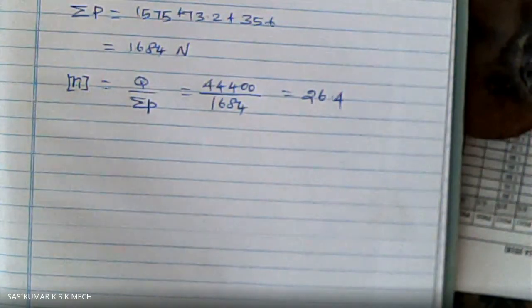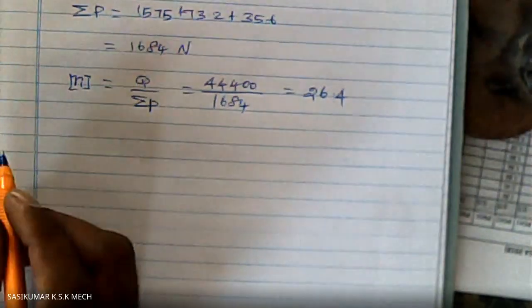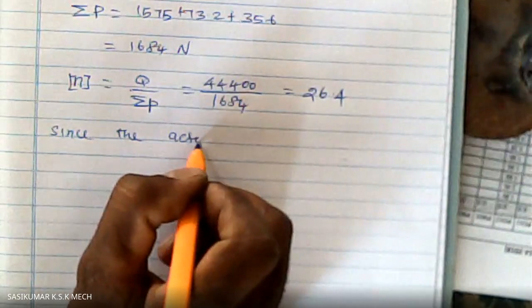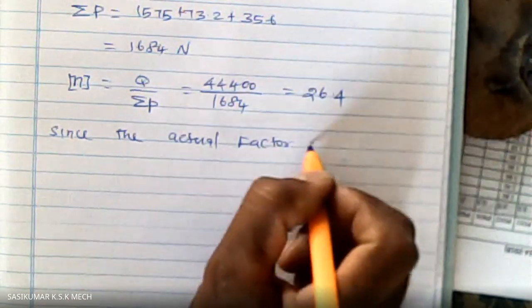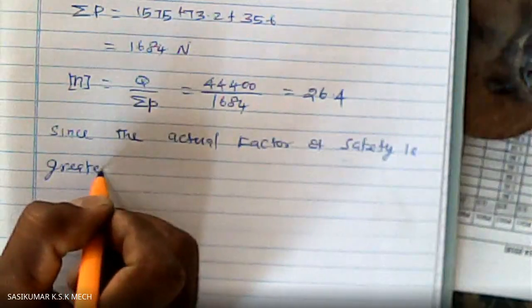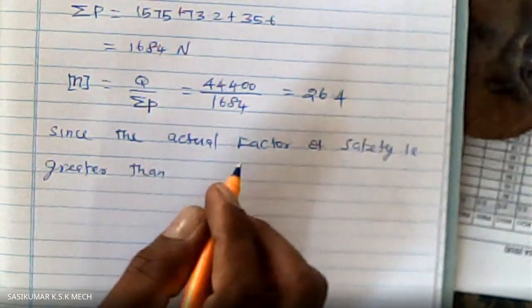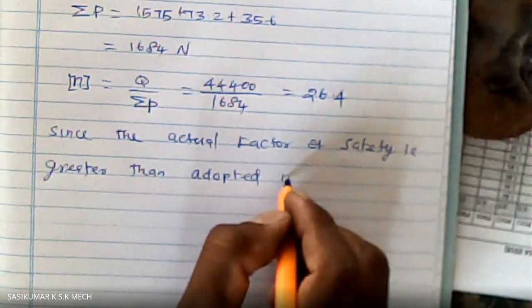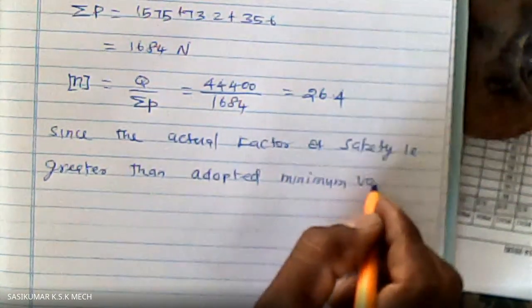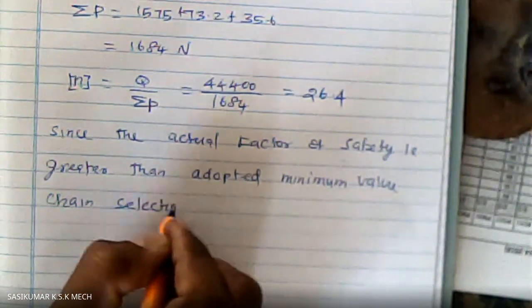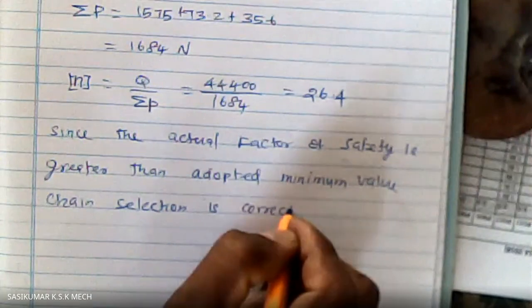Since the actual factor of safety is greater than the adopted minimum value, chain selection is correct.